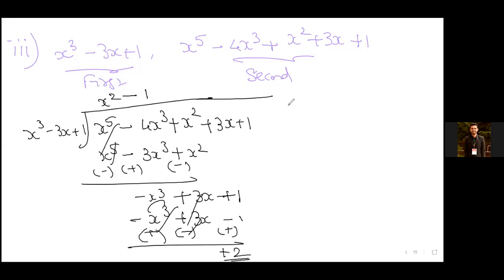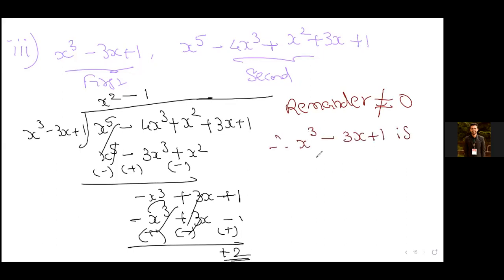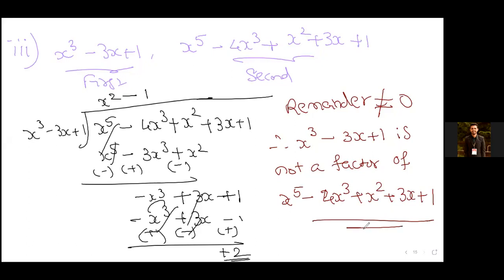Therefore, here remainder is not equal to 0. That is why we can say that x cube minus 3x plus 1 is not a factor of x to the power 5 minus 4x cube plus x square plus 3x plus 1. Got it?